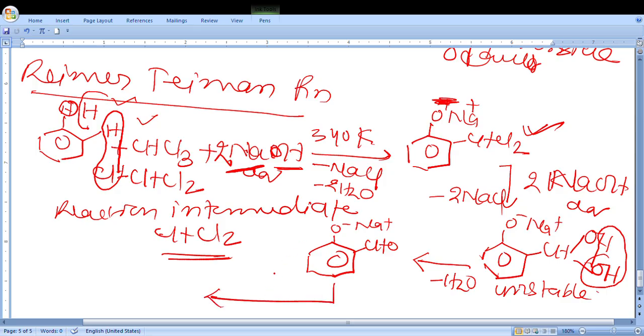After that, it is hydrolyzed by dilute HCl to give OH and CHO.